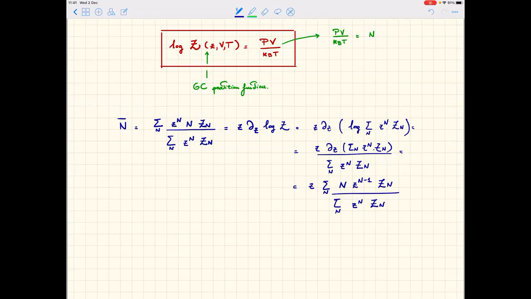And now I multiply by z and obtain that this is equal to the sum over n of n z^n Zn over the sum over n of z^n Zn, the partition function. So you see, when I take this derivative, it's identical to what I wanted. Yes. Okay, so you see how it works.